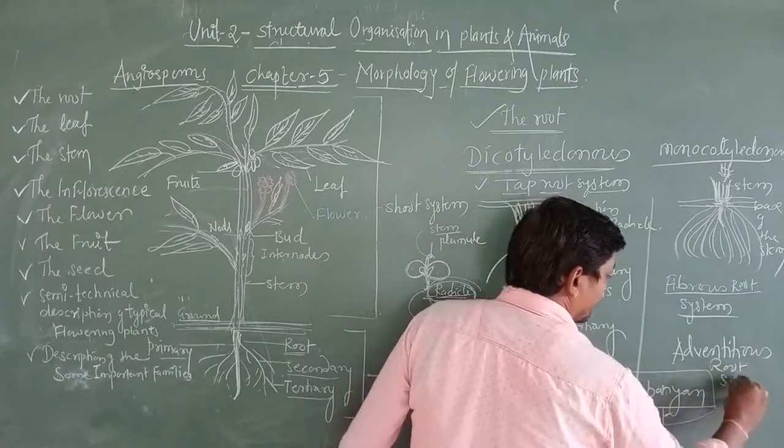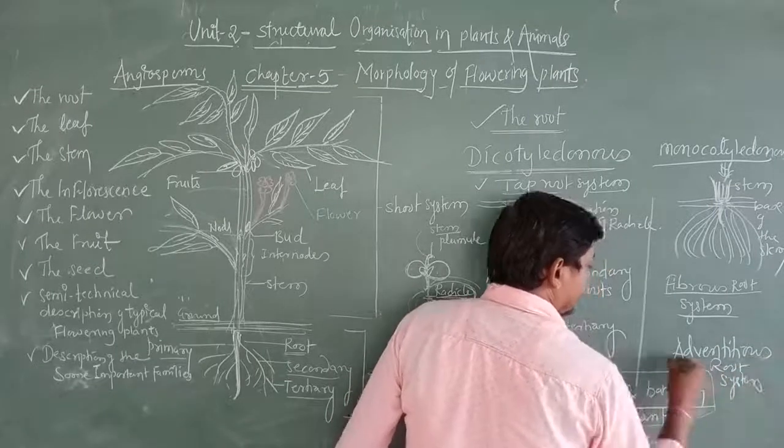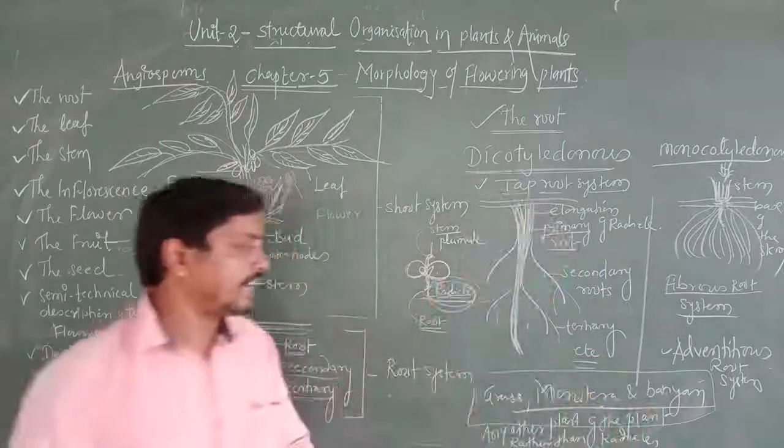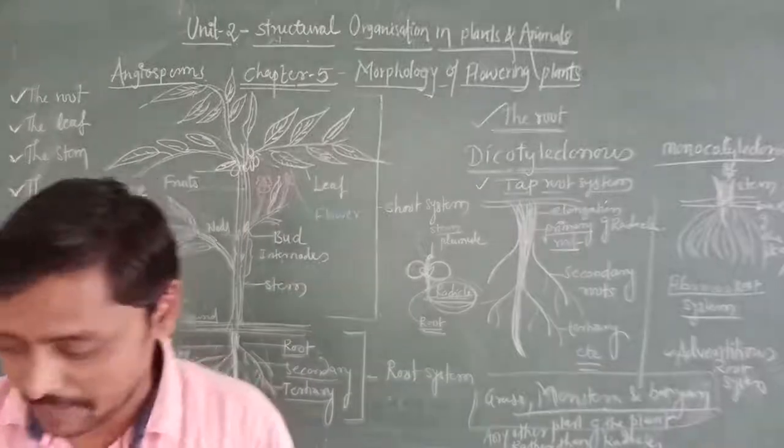This adventitious root system is found in grass, monstera and banyan.